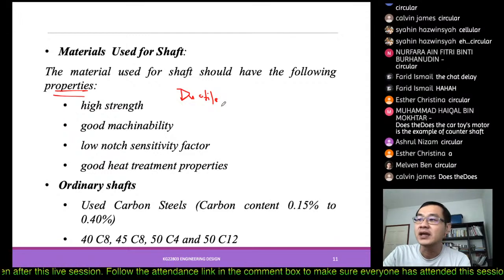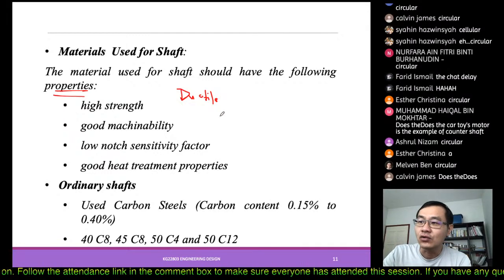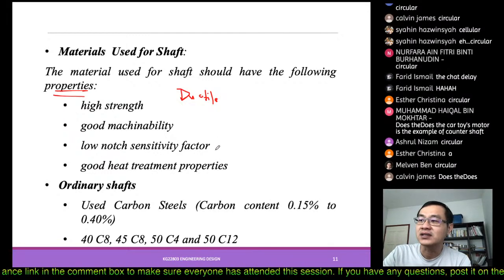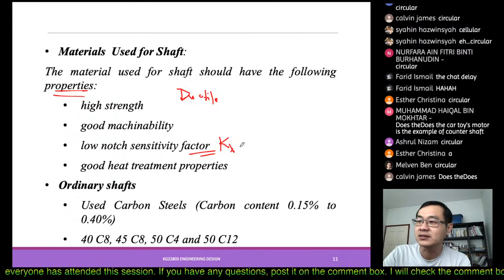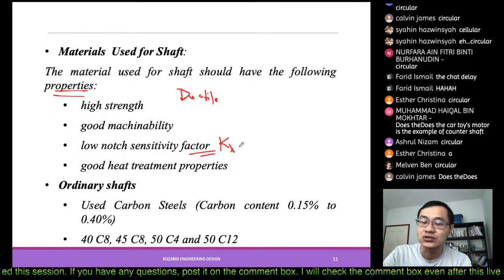All right, then we have low notch sensitivity factor, which we will talk about later, about the stress concentration part, right? And then good heat treatment property.